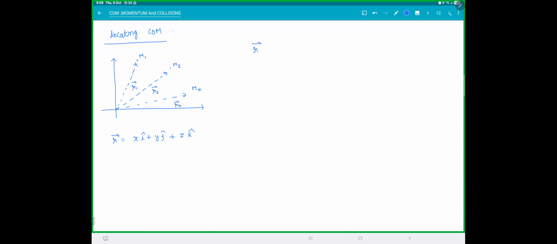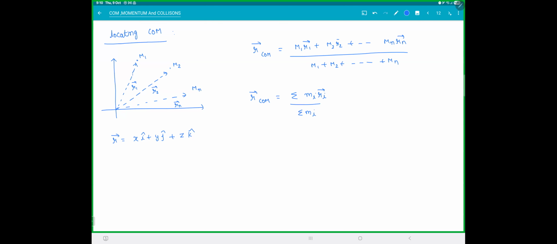So the position vector of center of mass is given by m1 r1 bar plus m2 r2 bar, and so on. So you have to multiply the mass into the position vector and divide by total mass. Later on we will see how this came also. You can simply write this thing as sigma m_i r_i, where i goes from 1 to n, by sigma m_i.